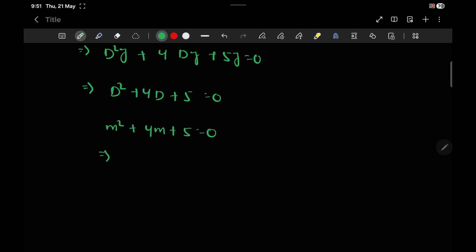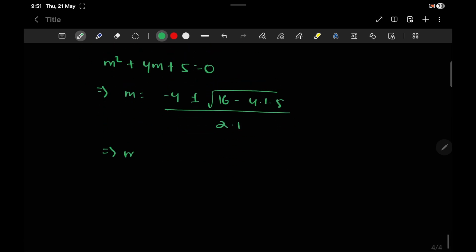Okay, let's use the general formula. (-b ± √(b² - 4 × 1 × 5)) divided by 2 × 1. So obviously this will be a complex root, so (-4 ± √(16 - 20)) divided by 2.